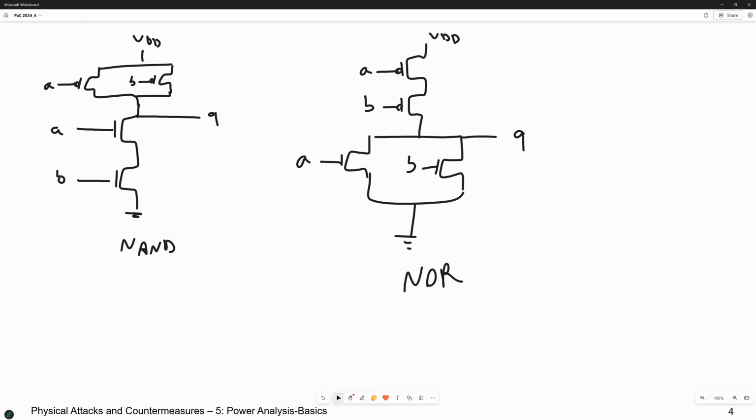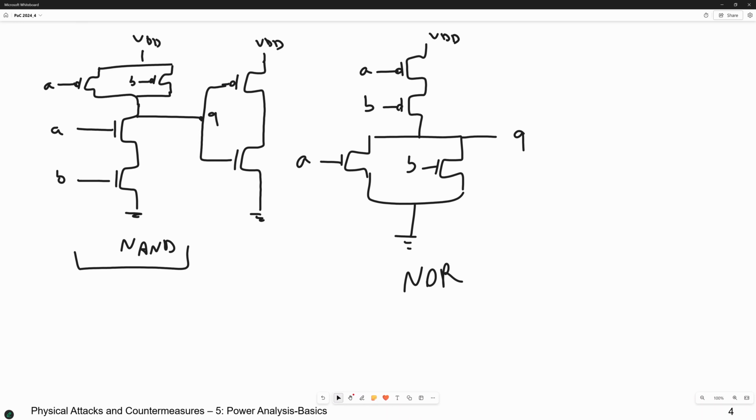If you want to build the AND based on the NAND, how do you build the inverter? Then you build the inverter like this. Just 2 transistors. Yeah, they are connected together like this. NAND is here.